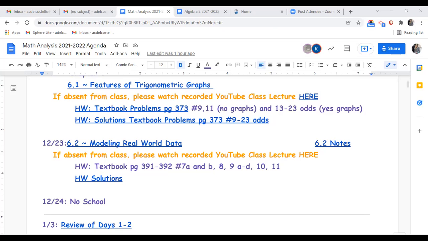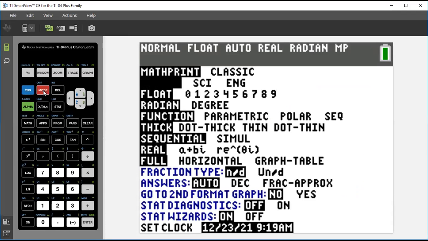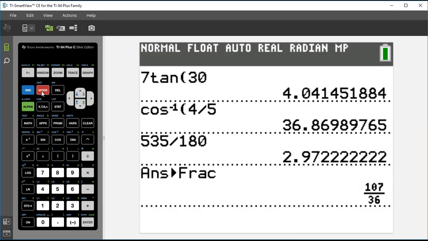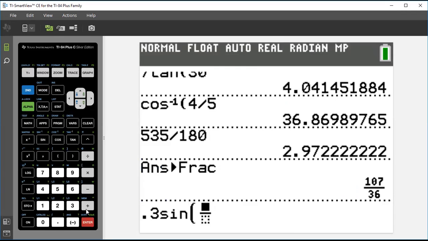Let me see if I can remember all of that. So we're going to type that in. Again, enabling your calculator to radian mode. So radian mode. Then I'm going to go back here and I want 0.3 sine, and I'm going to go alpha y equals enter just to make that a little bit easier.